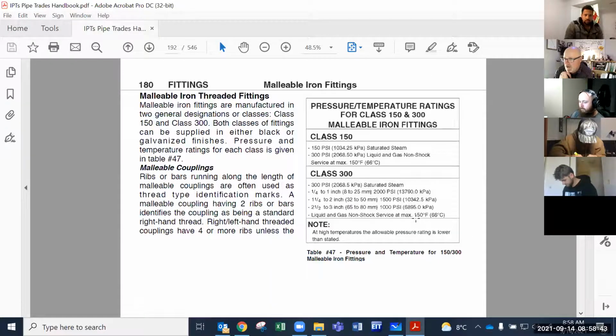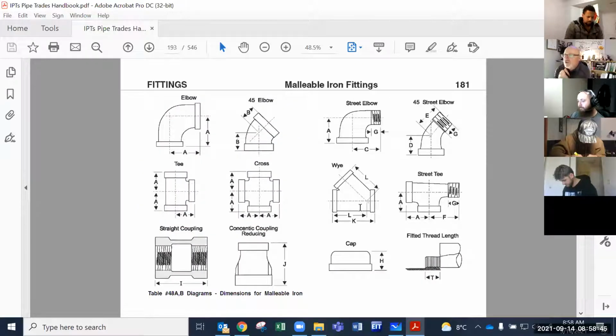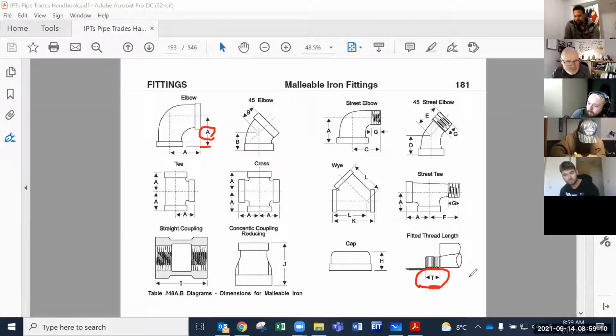Look at there. So these are threaded fittings. As you can see in this particular one here, A is given measurement, and down here, T is the thread engagement. So A on this is the throw and T is the thread engagement. Okay, can you see that right there?